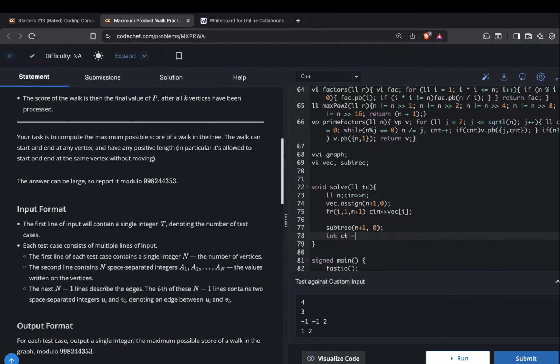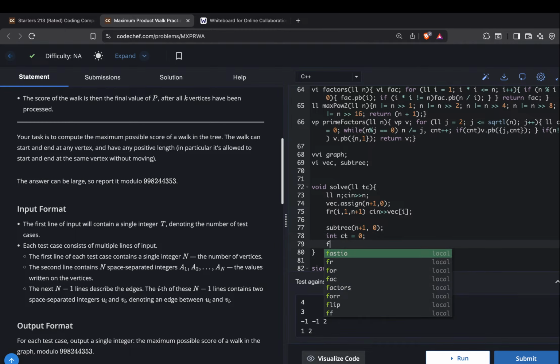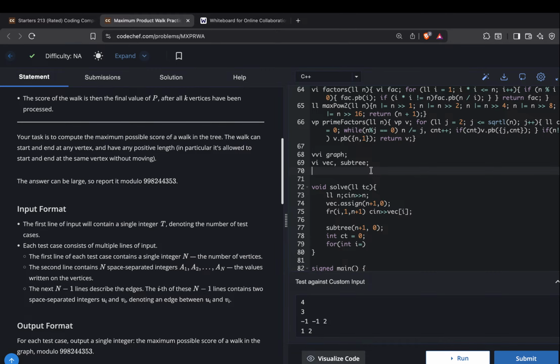Now count the number of negative nodes. Let's keep the sum of all the nodes global because we will need it later on.